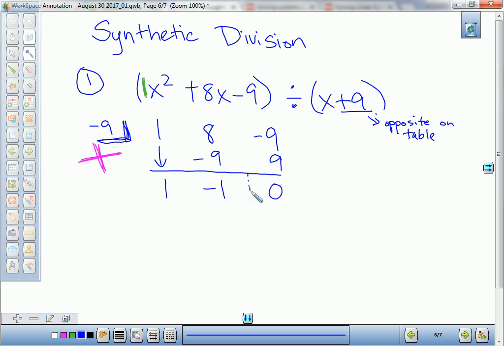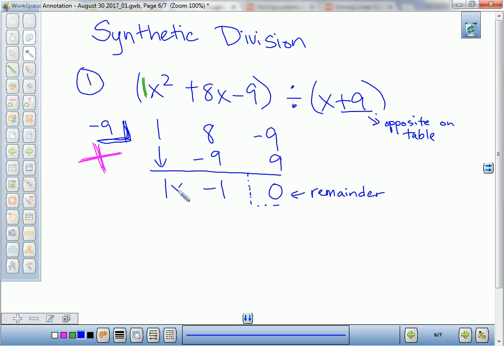Now, every time you'll see I put a little dash right here because this last one is the remainder. Every time the last number you find is the remainder, which tells me this one has no remainder because the remainder is 0. Okay? Now, you work your way back. This is your constant, your plain old number.